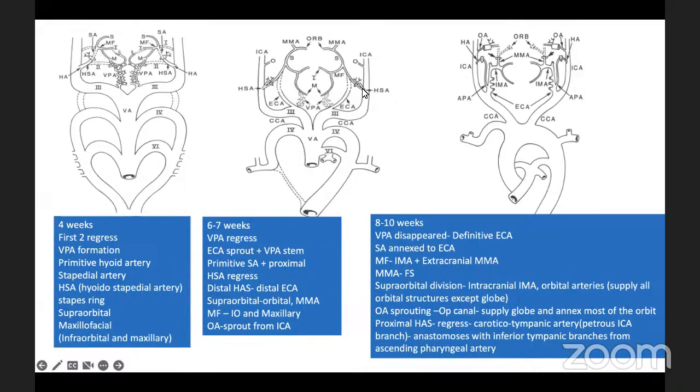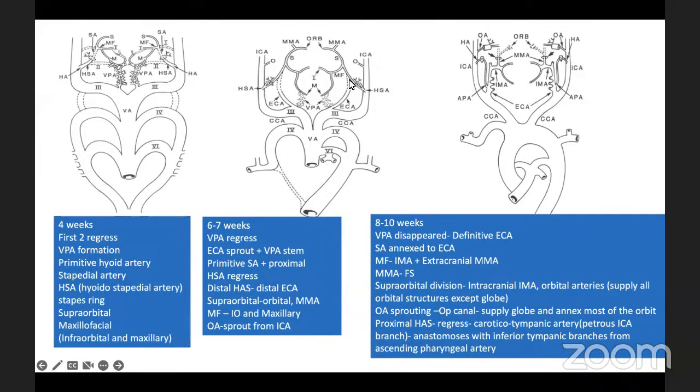At the same time, in the hyoidostapedial segment, the proximal part starts regressing and the distal, stapedial part starts fusing with the proximal part of the ECA. So the distal part of the hyoidostapedial segment forms the distal ECA, and the proximal part is formed by the ECA sprouting and the VPA stem.